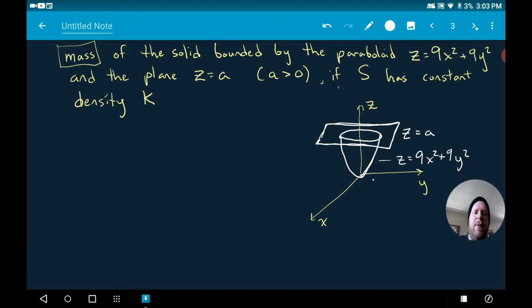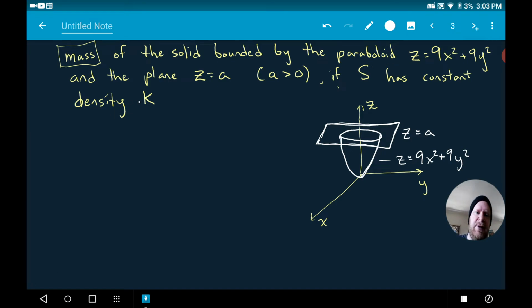I believe for this problem, if they don't explicitly say that you should use cylindrical coordinates, this x squared plus y squared should maybe tip you off that that might be a good idea. And it is symmetrical around the z-axis, so we have the rotational symmetry that's good for cylindrical coordinates.